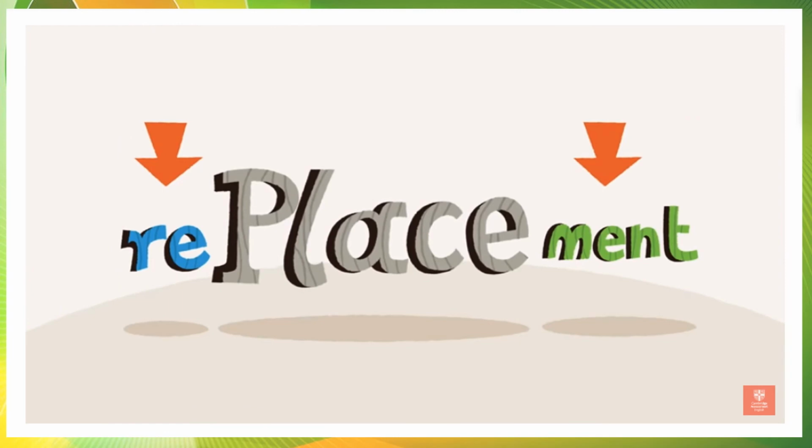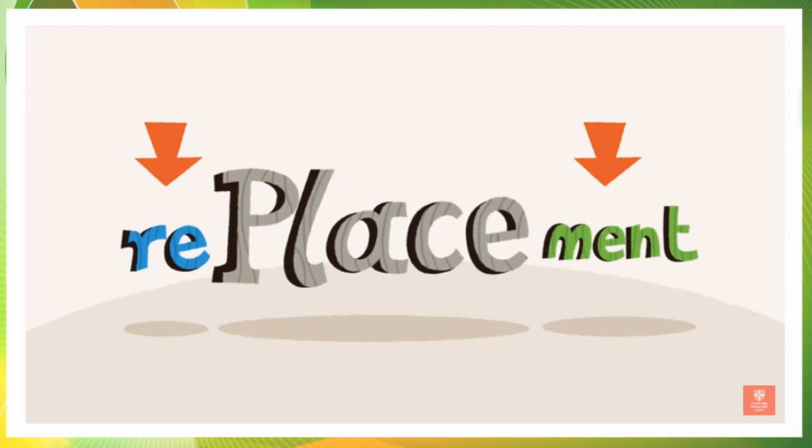You can see an example of a word in which we have added prefix as well as suffix, and then we have got a different word. See, the root word is place. If you add prefix re to that, then it will be replace. And if you add ment at the same time, then you have got a very different, new word, replacement.